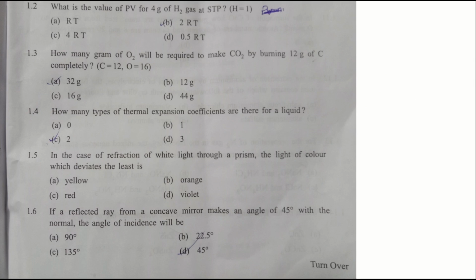Okay, question number 3. How many gram of oxygen will be required to make carbon dioxide by burning 12 gram carbon completely? So the answer will be 32 gram. How? Carbon burns in oxygen to give you carbon dioxide.